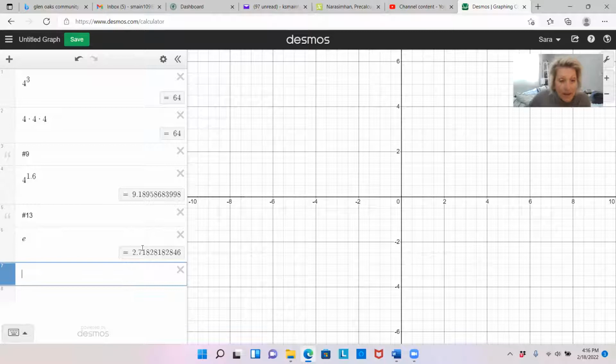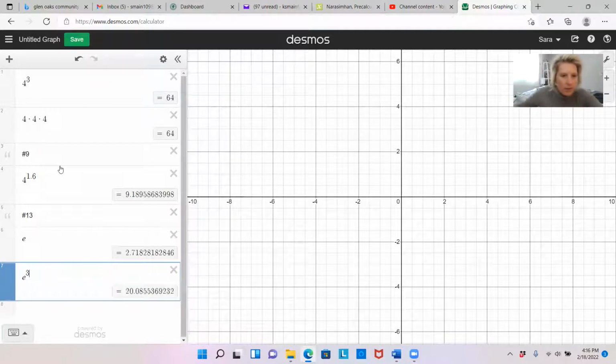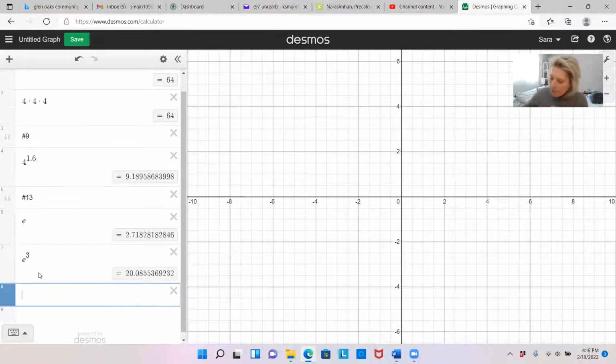We use it a lot in financial formulas, and we're going to use financial formulas at the end of this section. So number 13 is E. If you just do the little e, it would automatically know. And then I'm going to raise it to the power of 3, so it's e cubed. That's just kind of getting us warmed up.